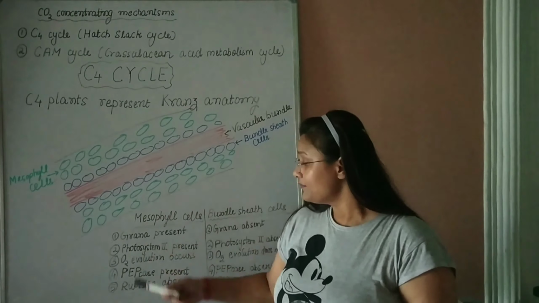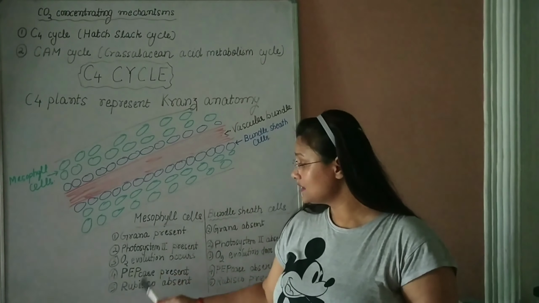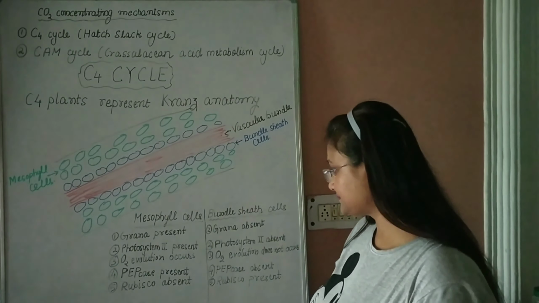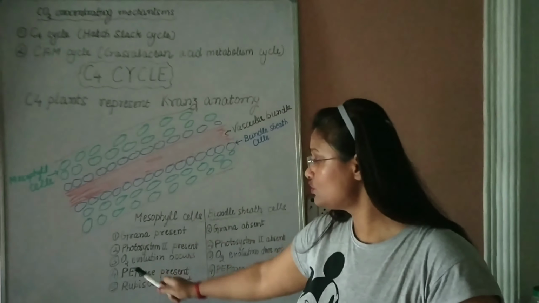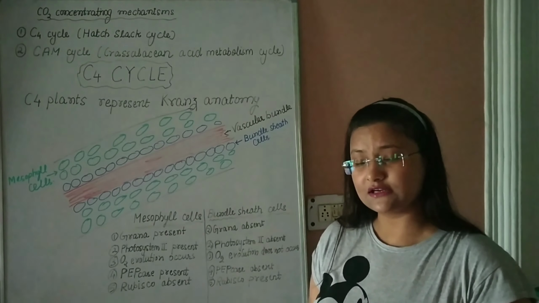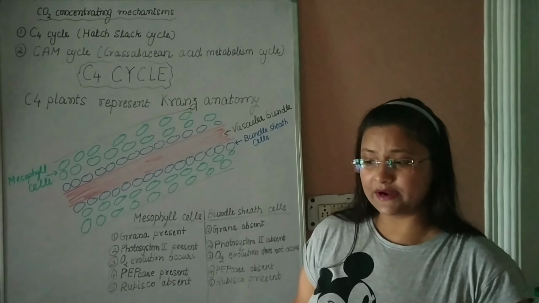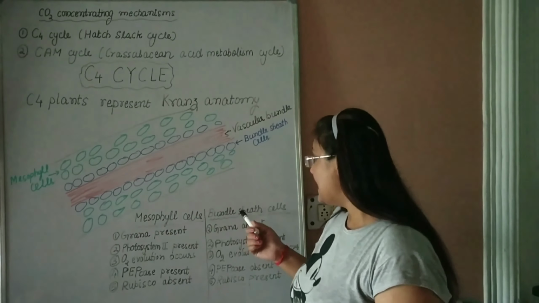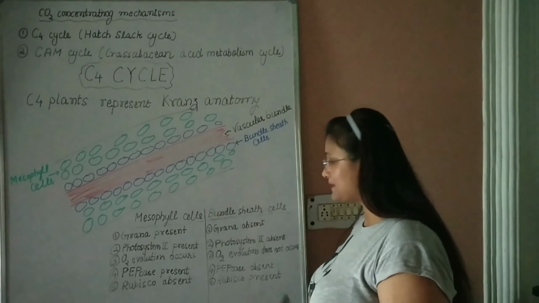So that's why mesophyll cells do not come in contact with the enzyme Rubisco. And if O2 will not come in contact with Rubisco, then oxygenation reaction will not occur. So C2 cycle will not operate and carbon will not be lost from the plant. In bundle sheath cells, Rubisco is present.